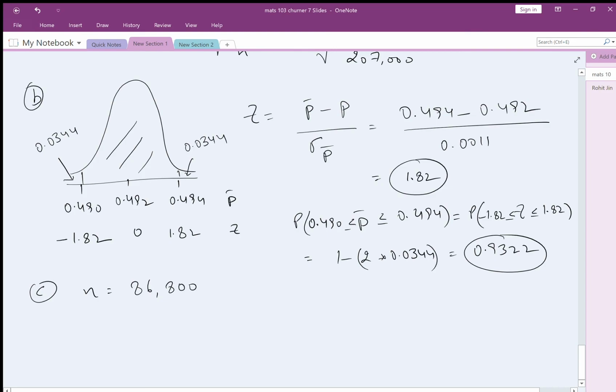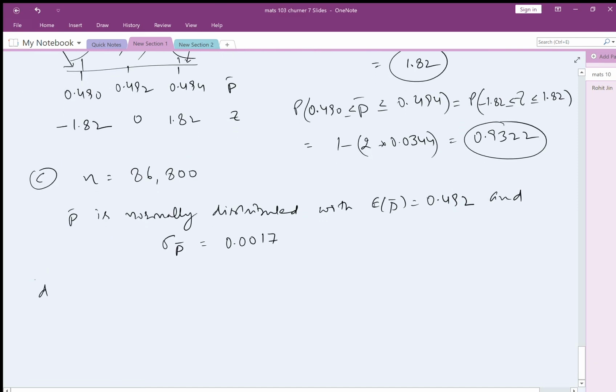Just go through part A, see how we did part A, and similarly you will do part C, and you will find that in part C you can say that p bar is normally distributed with expected value 0.492 and standard error, so you calculate the new standard error, equals 0.0017.